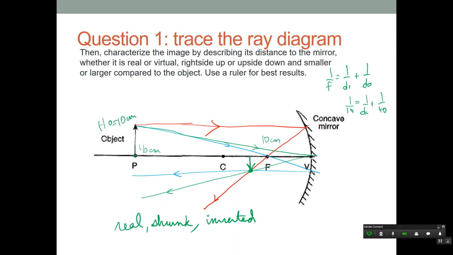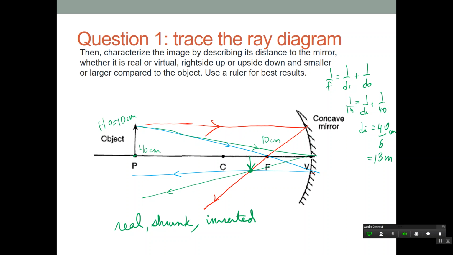So my di should be 40 over 3 centimeters, which is about 13. Oh, okay, I was right. It's a positive number. That's how I know it's real. If it was a virtual image, it would have given me a negative number.